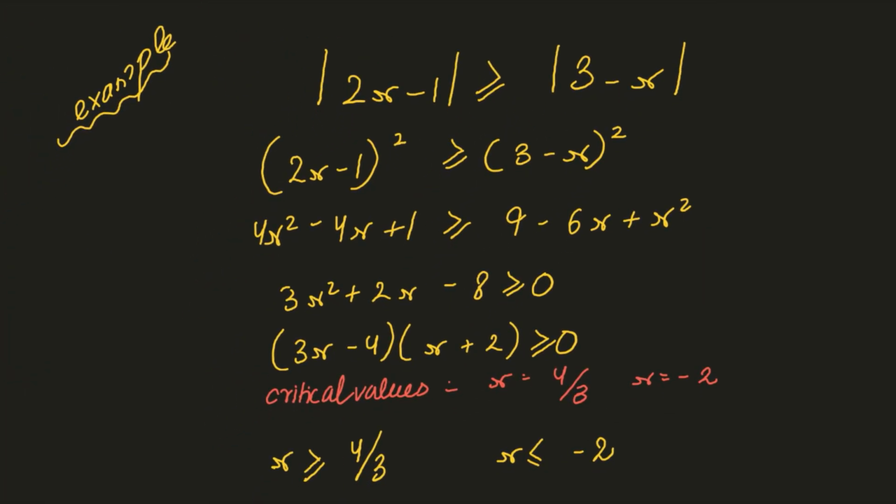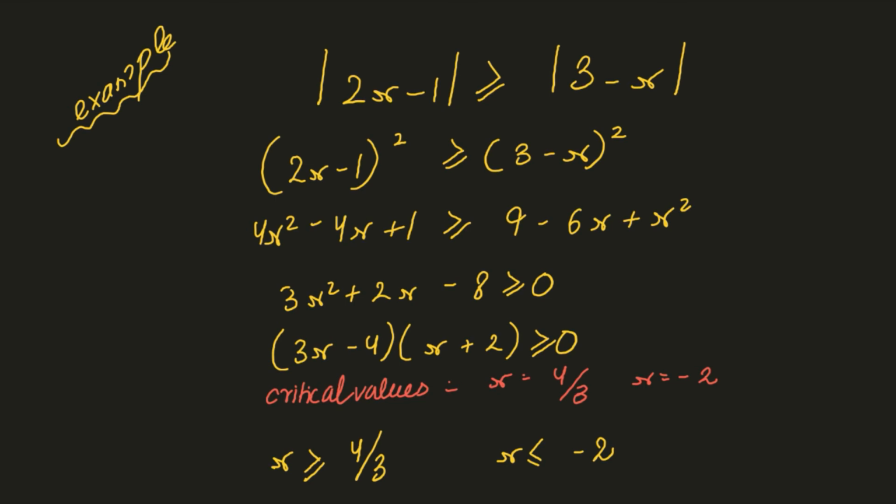Here's another more complex example where there's modulus on both sides. I used the method that I prefer, which is squaring both of the sides. We squared both sides and got a quadratic equation. As with every quadratic equation, there are two solutions of x, the critical values. You get x equals 4 upon 3 and x equals minus 2.